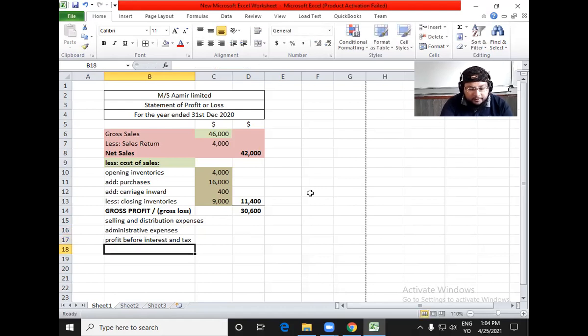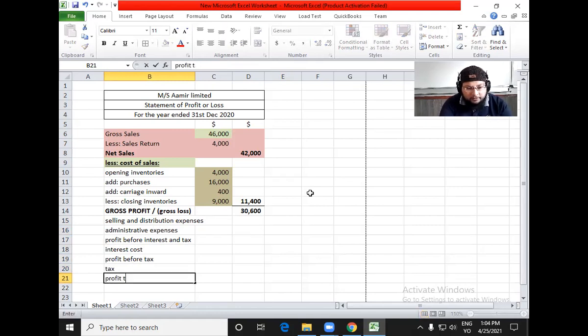Then we subtract interest cost, and finally we arrive at profit before tax. Finally we subtract the amount of tax, and we arrive at profit after tax.